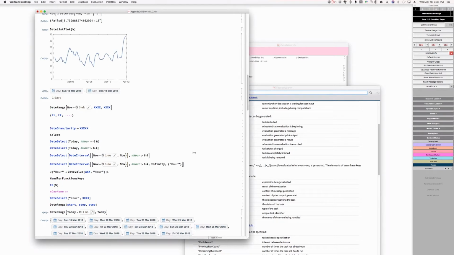Granularity of an hour at 2 o'clock, it's not clear that represents 2 to 3, is it? It's not at all clear that represents 2 to 3.